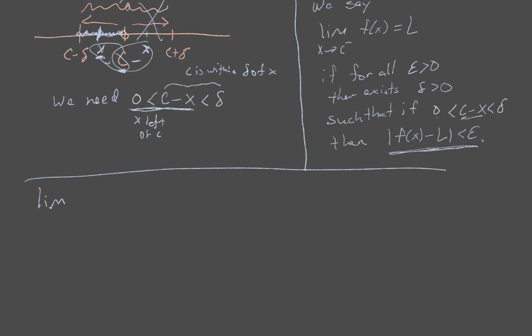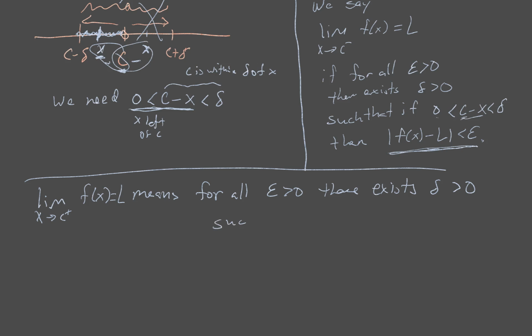The limit as x approaches c from the right of f of x equals L means that for all epsilon bigger than 0, there exists delta bigger than 0 such that if 0 is less than something is less than delta. Okay, now I want to come in from the right, so I want x to be bigger than c.